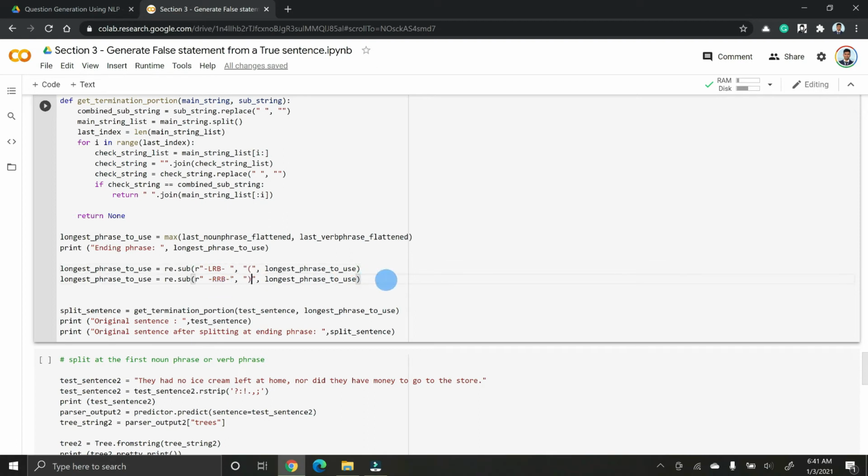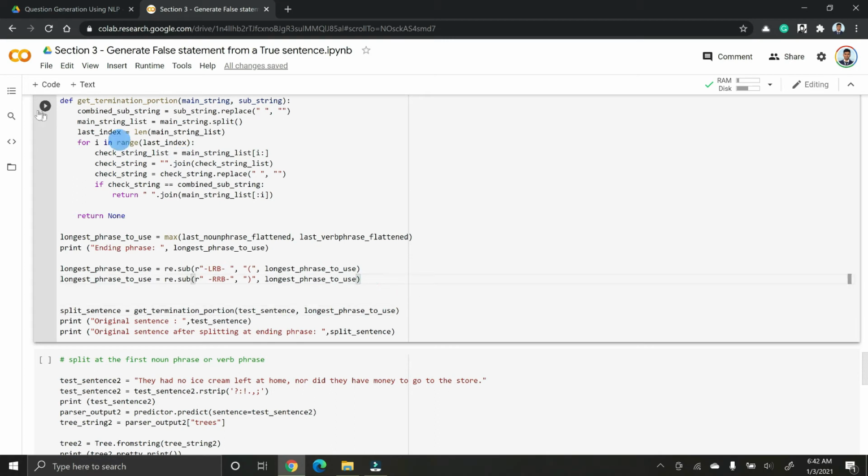So we are going to replace that string. If the string has something like this, we are going to replace that with left angle bracket. If the string has something like this, we are going to replace that with right angle bracket. So these two lines are just doing that.